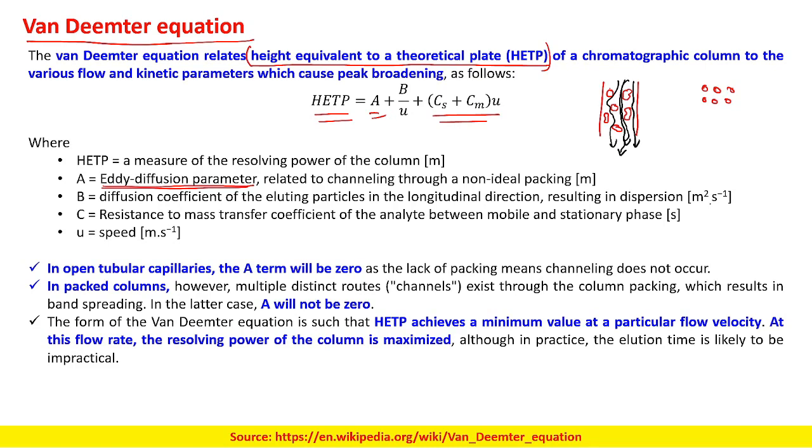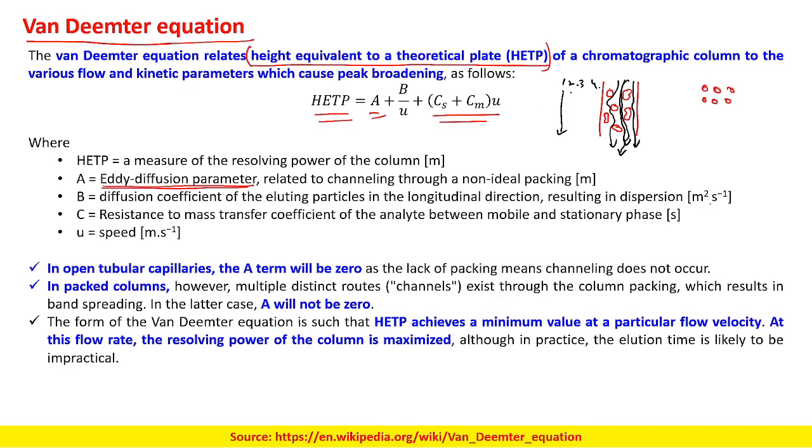Okay, because it is expected the solvent front will move all together. However, since there is a change in the path length, suppose there are say 4 analytes. The first one will take the shortest path, so it will be eluted first.